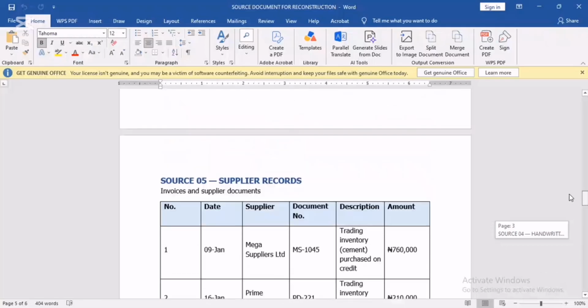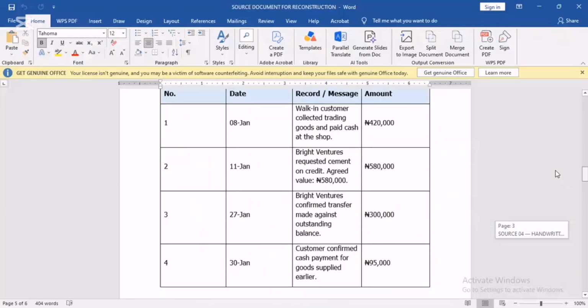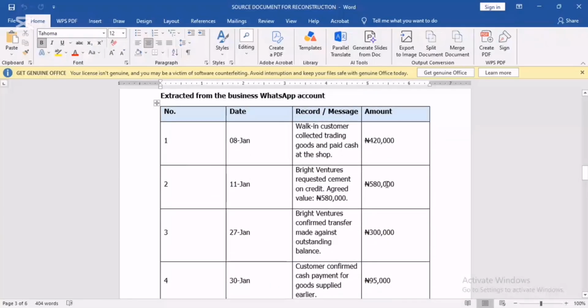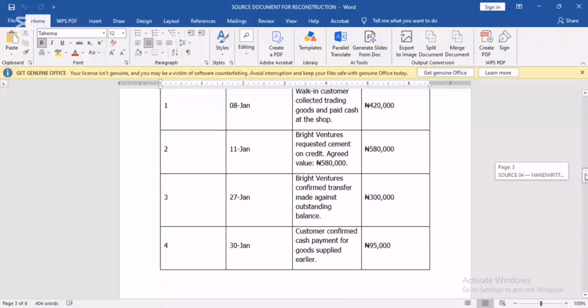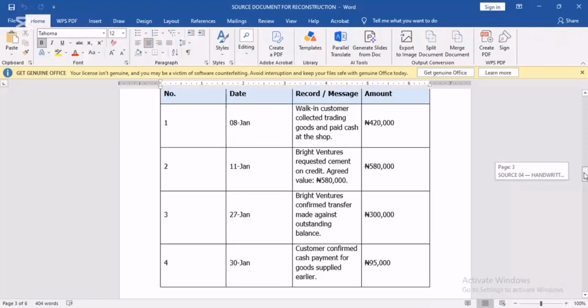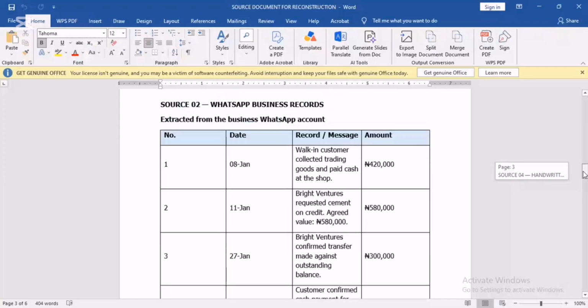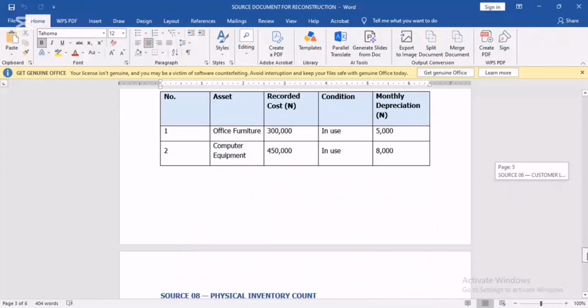Is there any such transaction? Okay, right here it is. Bright made a credit purchase of cement for 580,000. So we noticed the transaction right here on the WhatsApp, but the payment which he made is not here. Let's see, how much was that?